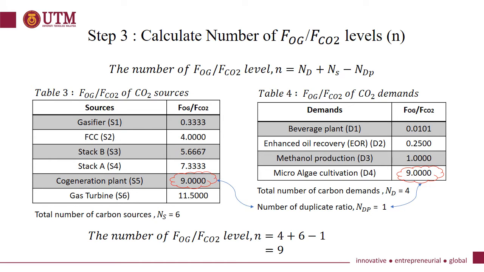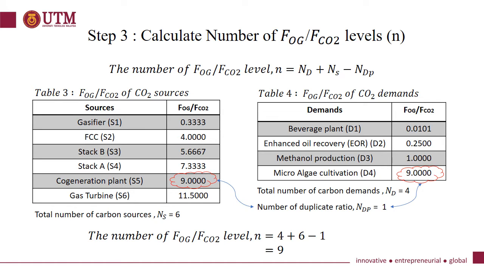As you can see, there are in total 6 carbon sources and 4 carbon demands. So NS for this case is 6, while ND is 4. Note that the FOG over FCO2 of S5 and D4 is repeated. Both of their FOG over FCO2 is 9. Therefore, the number of duplicate ratios, NDP, for this case is 1, since there is only one repeated ratio.